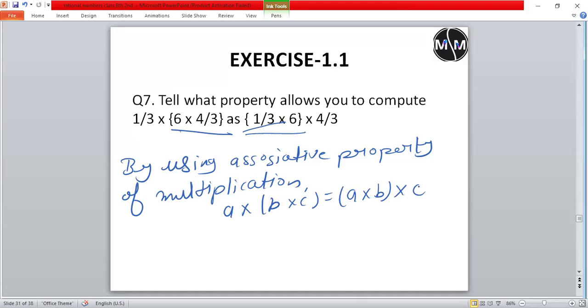By using the associative property of multiplication, we are doing this.